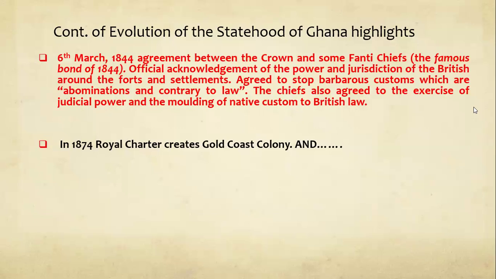Quote, whereas power and jurisdiction have been exercised for and on behalf of Her Majesty the Queen of Great Britain and Ireland within divers countries and places adjacent to Her Majesty's forts and settlements in the Gold Coast, we, chiefs of countries and places so referred to and adjacent to the said forts and settlements, do hereby acknowledge that power and jurisdiction and declare that the first objects of law are the protection of individuals and property. 2, human sacrifices and other barbarous customs, such as panyarring, are abominations and contrary to law.